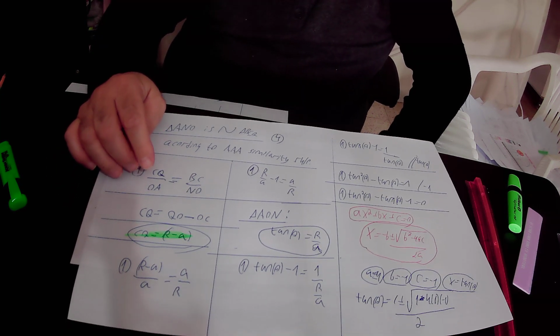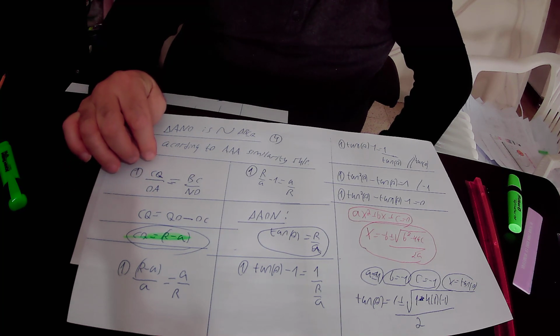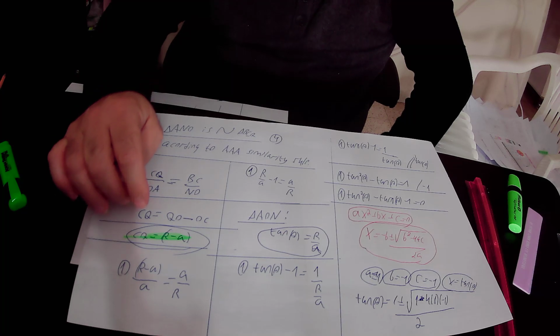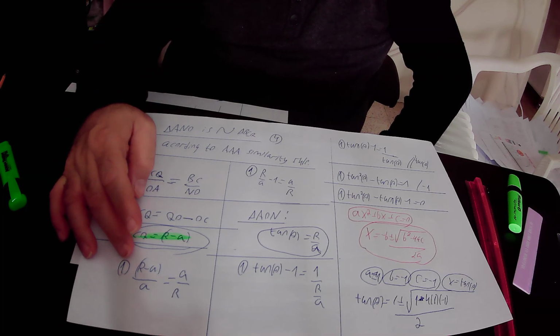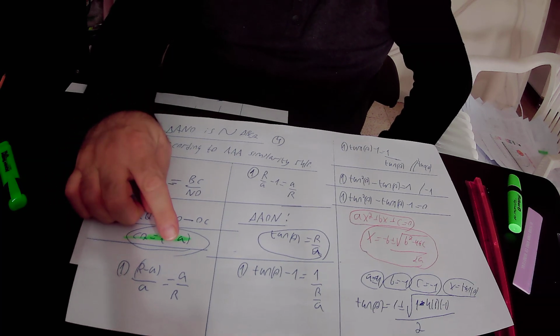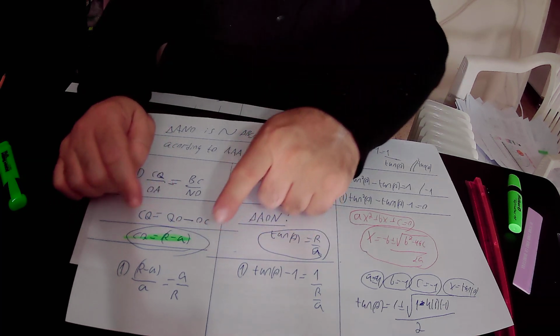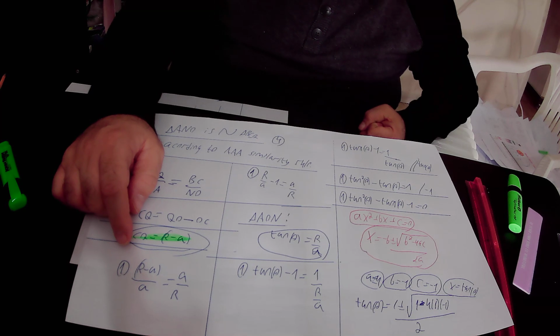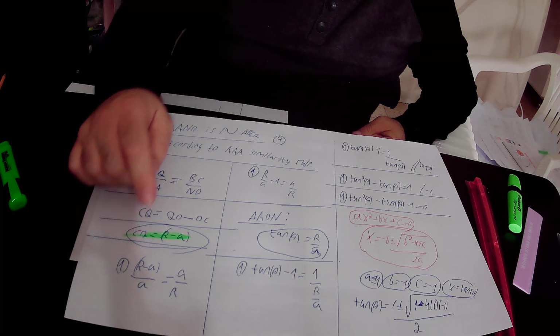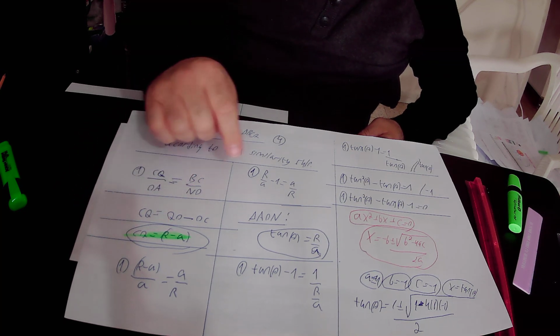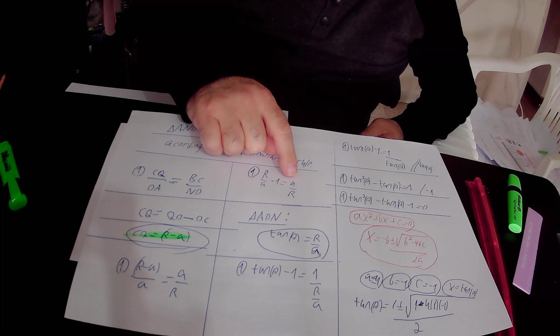So we can substitute CQ in equation number 1 by R minus A. So CQ over OA is R minus A over A. OA is A, BC is also A, and NO is R. So in conclusion, we found out that according to equation number 1, R minus A over A equals A over R. R minus A over A is R over A minus 1, which is equal to A over R.